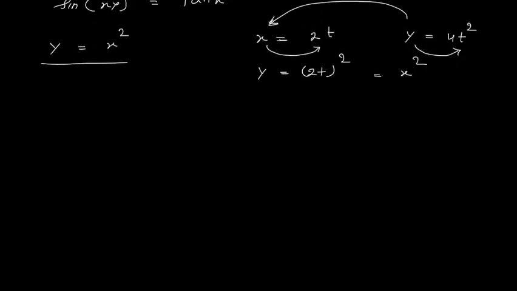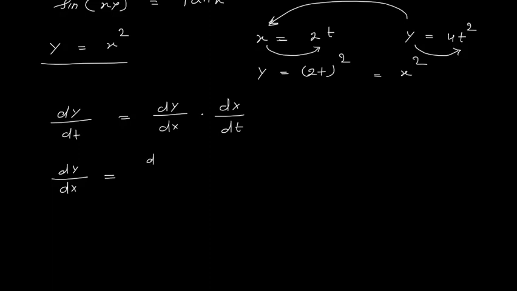Now to differentiate a function in parametric form, we will use the chain rule. If you remember, we can write dy upon dt as dy upon dx into dx upon dt. So from this I can say that dy upon dx is equal to dy upon dt whole divided by dx upon dt.